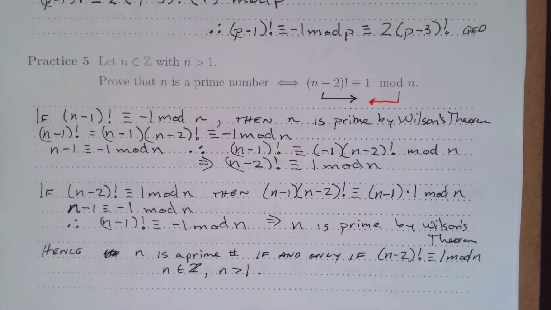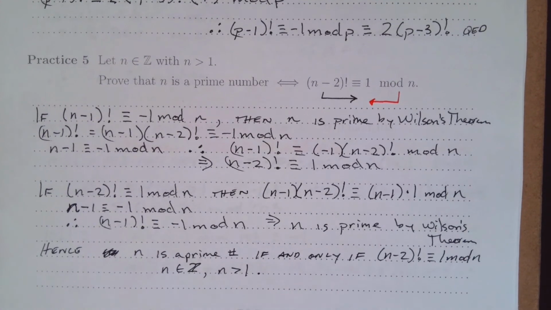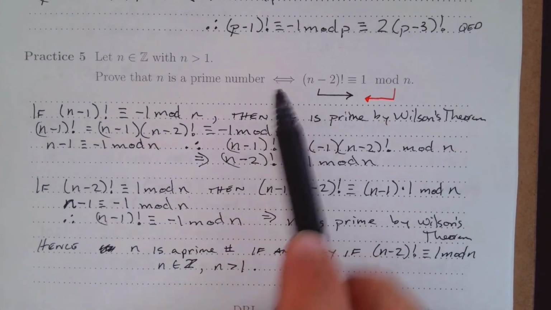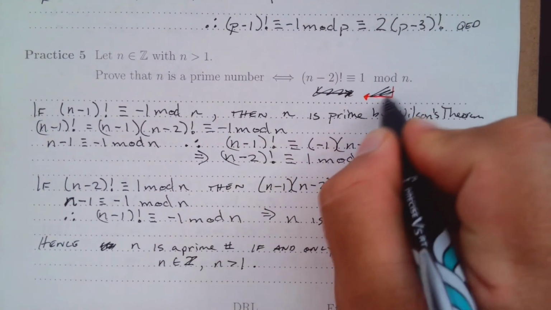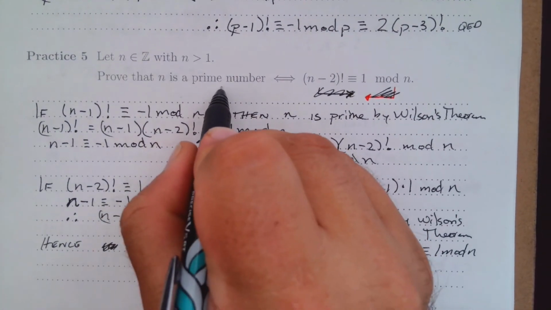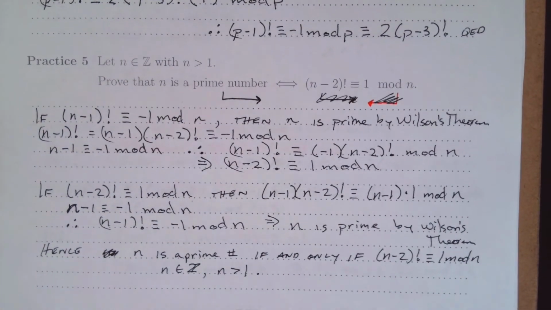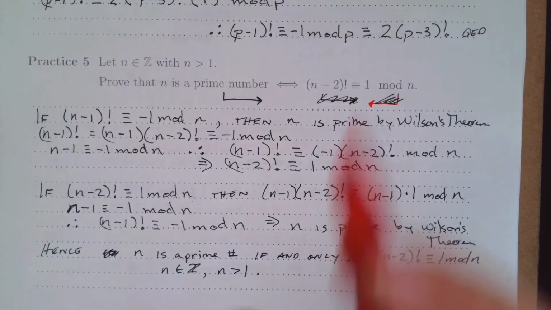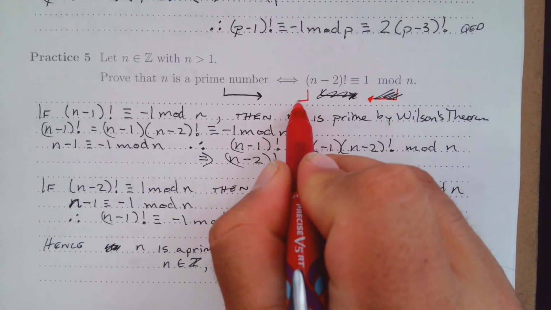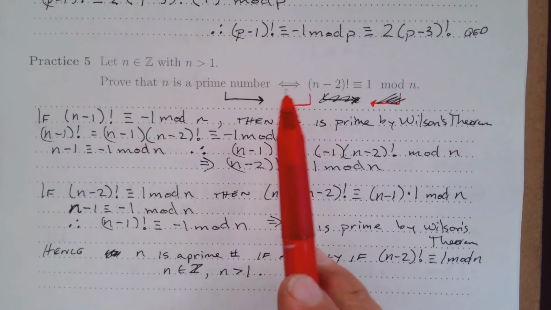greater than 1. Okay. Now I should clarify an earlier statement that I made here. When we're proving if and only if, and I wrote these arrows in the wrong locations, I need to prove that if n is prime, the following is a consequence. But I also need to prove that if (n minus 2)! is congruent to 1, then the consequence is that n is prime.